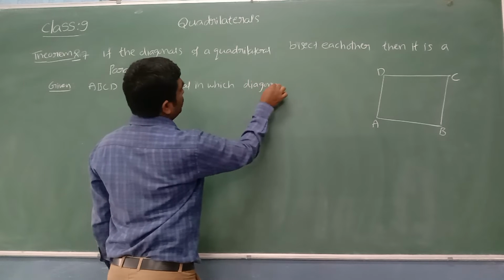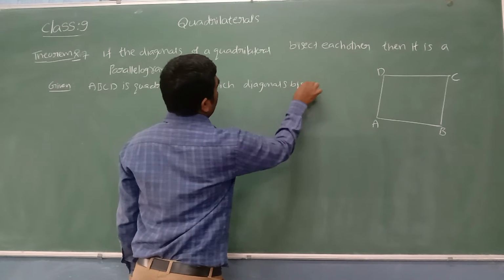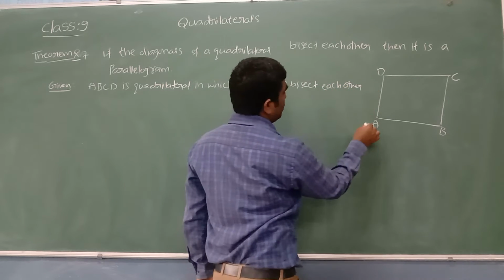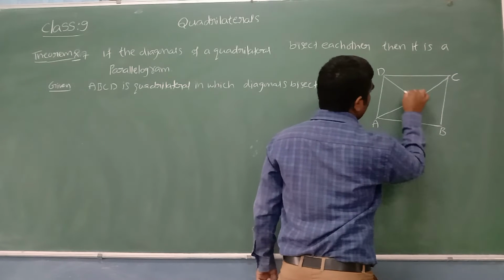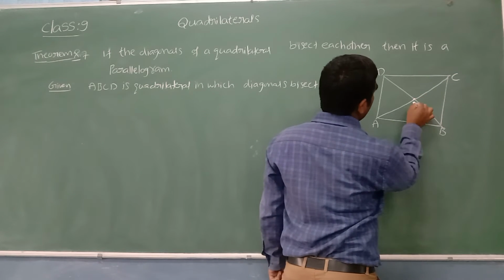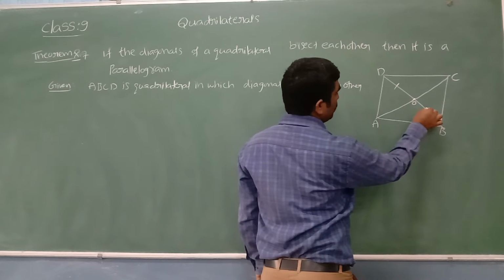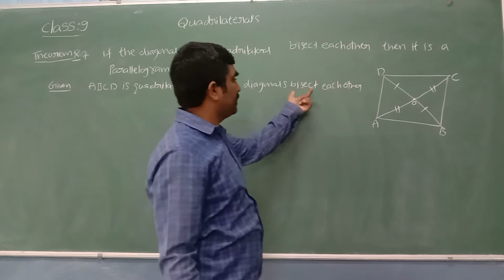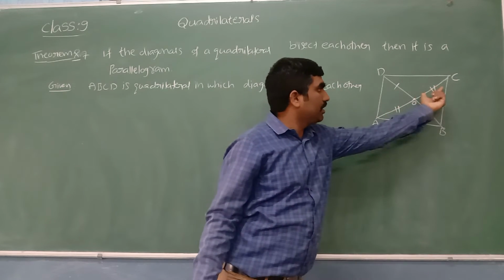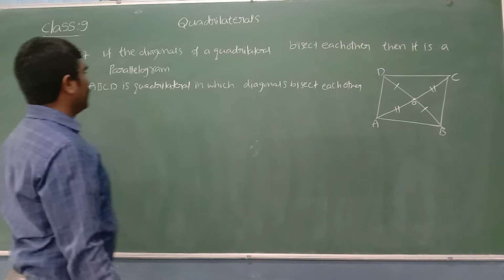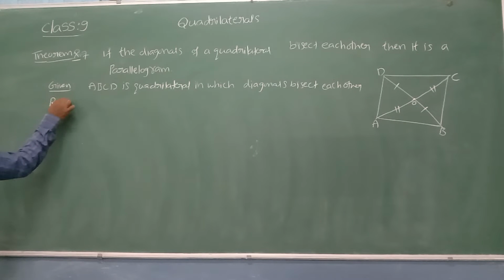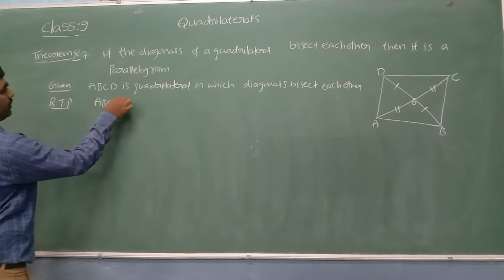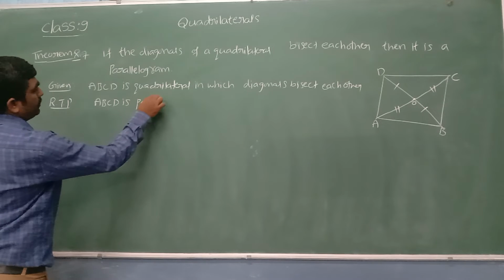Join diagonals AC and DB. Suppose they intersect at O, so OD is equal to OB, OA is equal to OC. That is the given data. Diagonals bisect each other means they divide each other into 2 equal parts at the intersecting point. We have to prove that ABCD is a parallelogram.